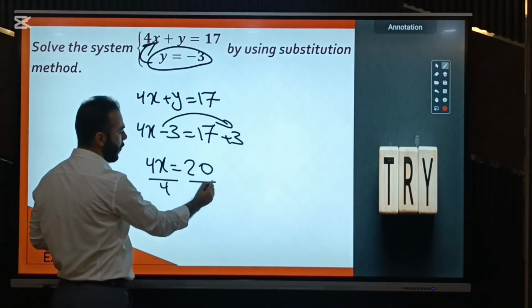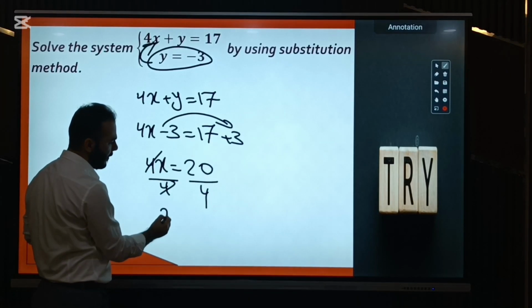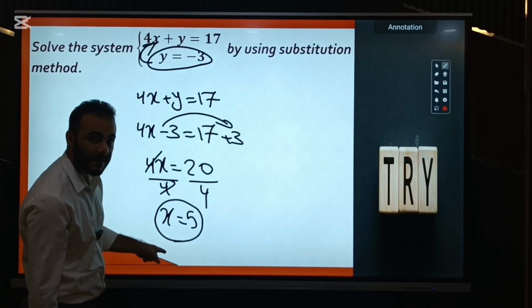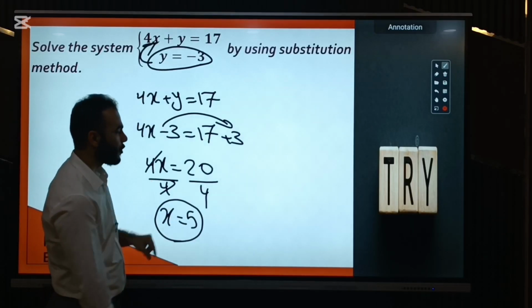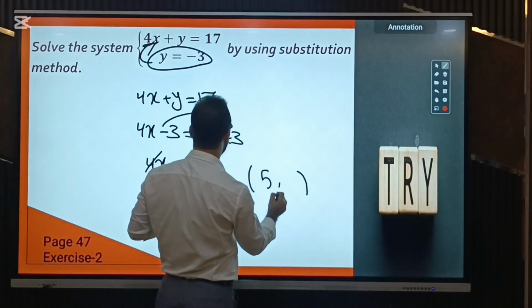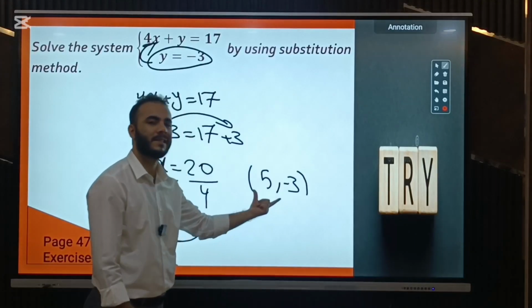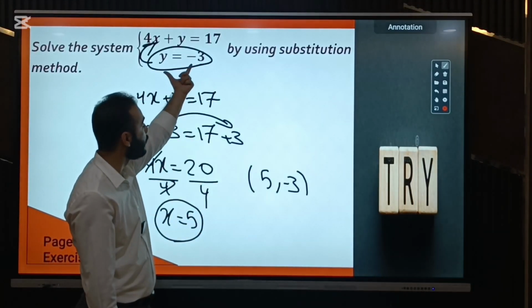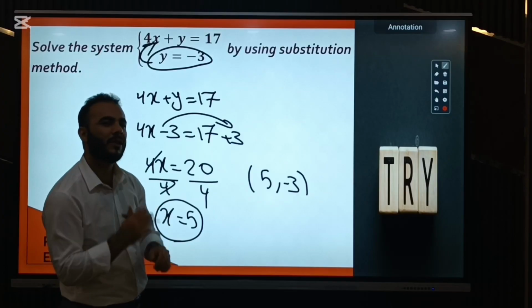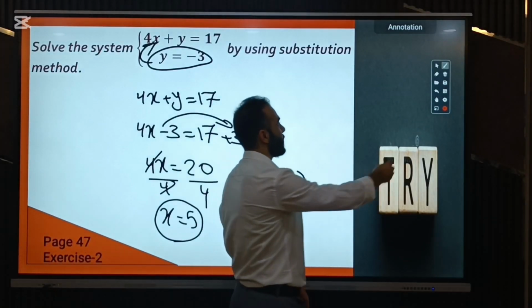Divide both sides by 4. x would be 20 over 4, 5. So we found x and we already have y. So the solution would be 5 and -3. That is the point that the graphs of these two linear equations will intersect each other at.